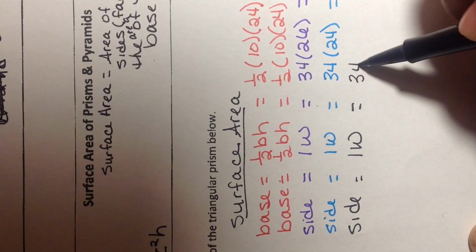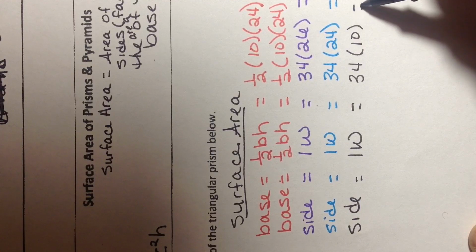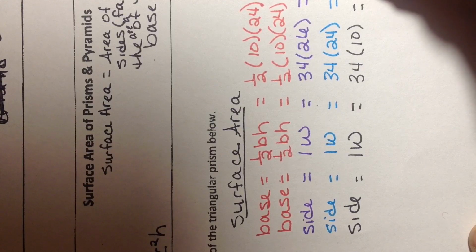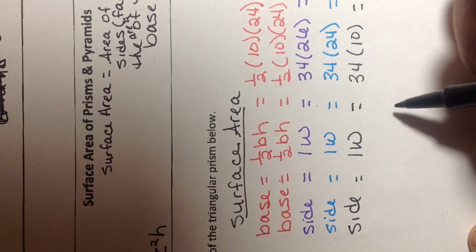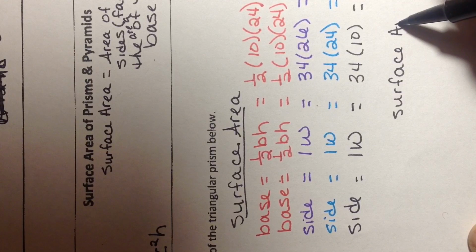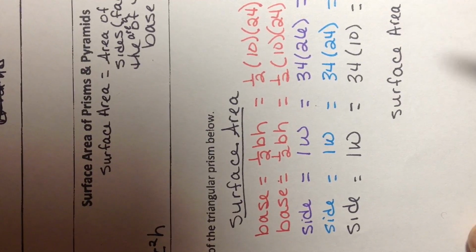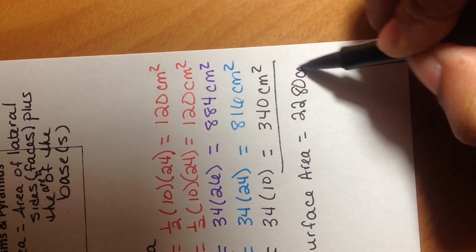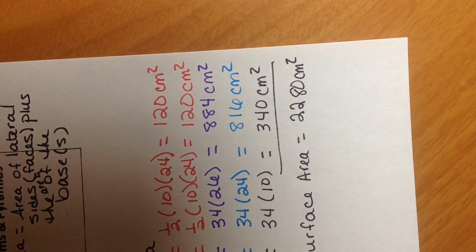So this is a 34 by 10, and that gives me 340 centimeters squared. To find my surface area, I'm simply going to add up all of these areas, and if you plug that into your calculator, if I'm not mistaken, it gives you 2,280 centimeters squared, and that's my surface area.